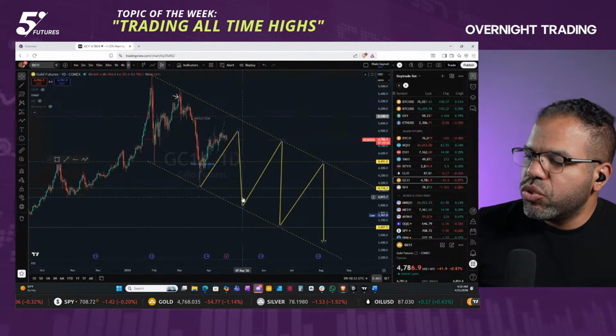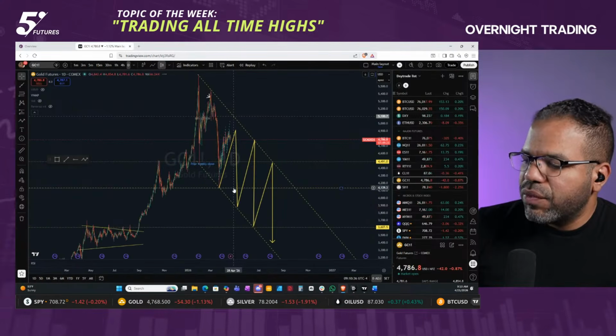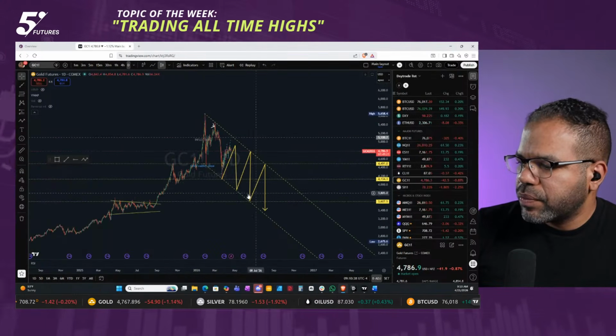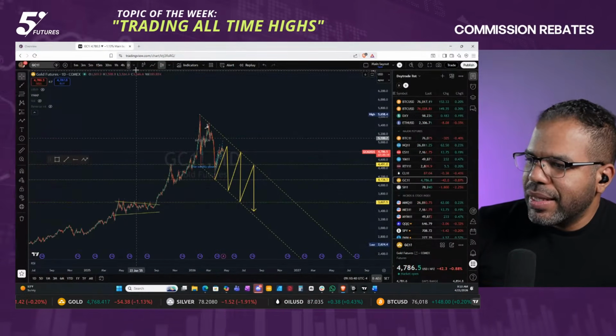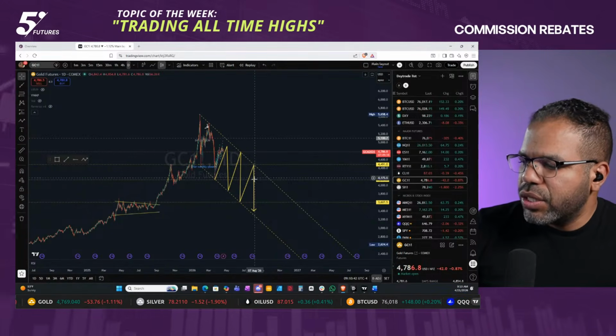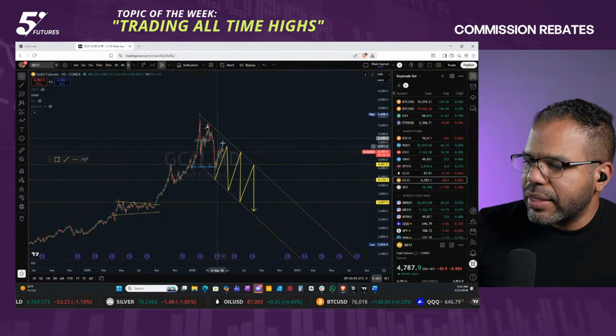And then if you zoom out, this is a daily chart. If you zoom out, and maybe I should even put it on a weekly chart, this kind of looks like a bull flag.